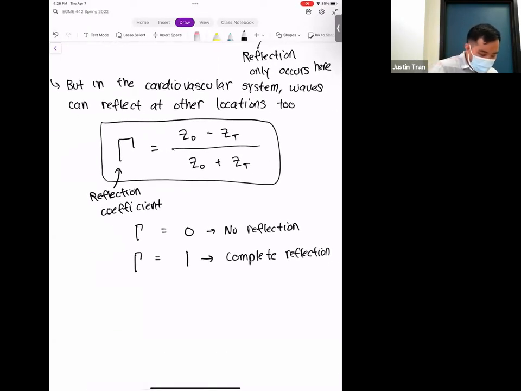What this equation tells us is that wave reflection occurs whenever you go through a change of impedance.